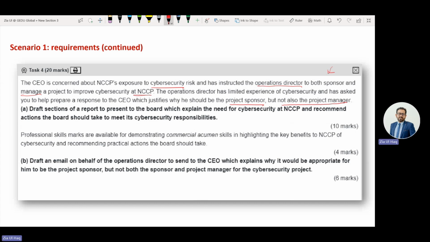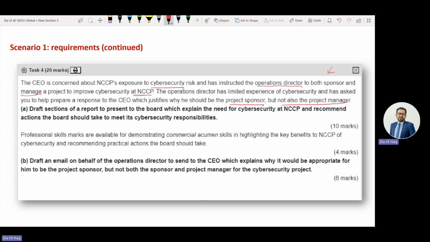Being a director, he can perform the role of sponsor effectively. The sponsor needs to ask for progress of the project from the manager. If he is both manager and sponsor, that will not be an independent review of the progress of the project. There will be a conflict of interest.